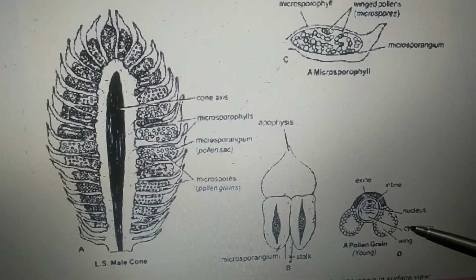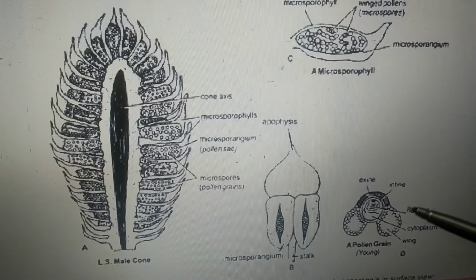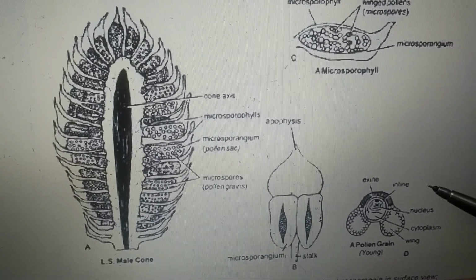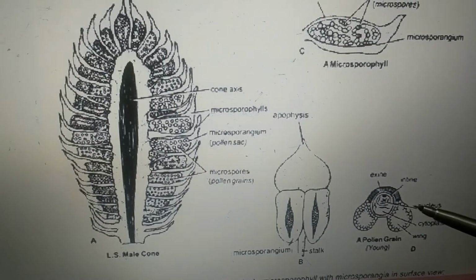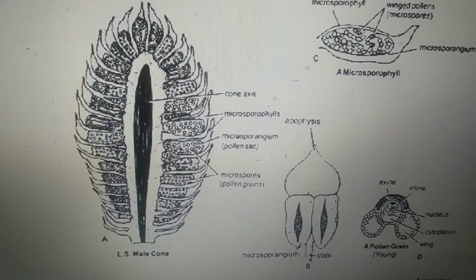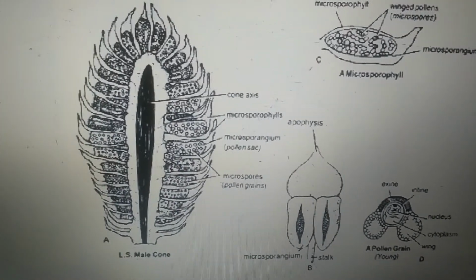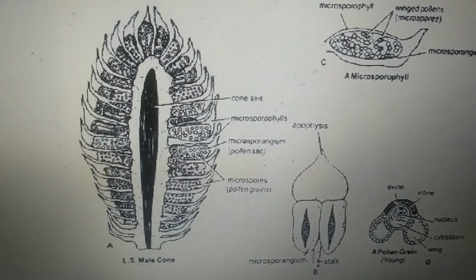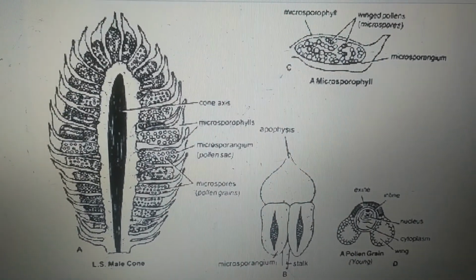They are going to help this microspore to fly, in the sense disperse, in the presence of the wind. They are light weighted and they are yellow in color. So these wings help in floating and dispersal of the pollen grains. So this was a description regarding the male cone in the case of Pinus. Thank you.